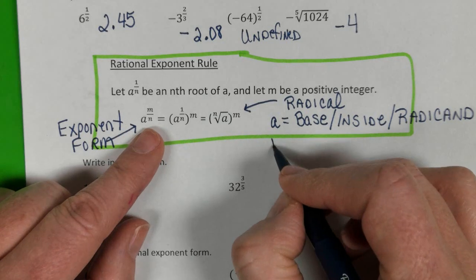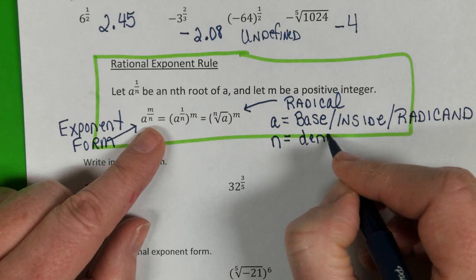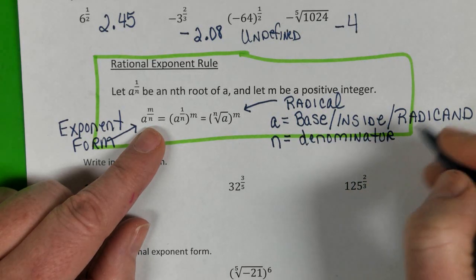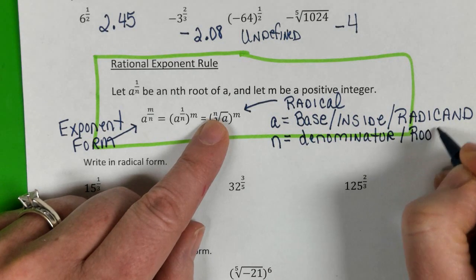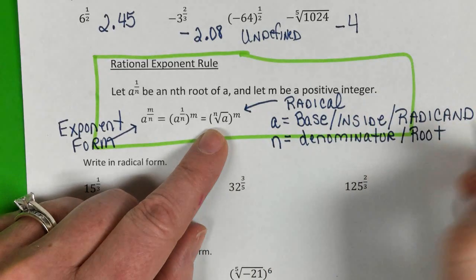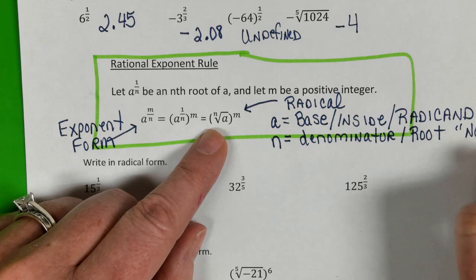The n is, notice, the denominator in our exponent, or it is the root. It is the root that goes in our little radical sign. I like to call it the nook. It goes in the nook.